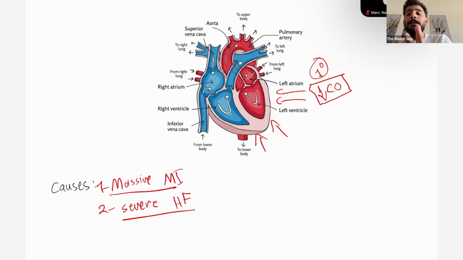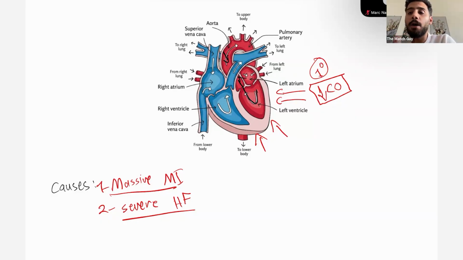Now, if the heart is failing to pump the blood forward or to eject the blood through the aorta, then less blood is ejected throughout the aorta, and this means that we have a low blood pressure and the signs of shock. And it also means that now we're not going to be able to pump enough of the blood that is coming back to the left side of the heart from the lungs to the left atrium.